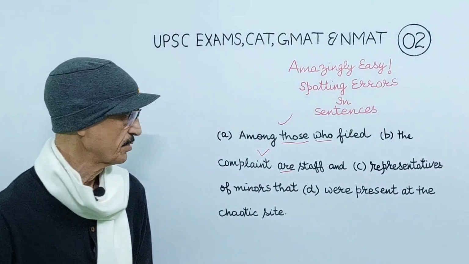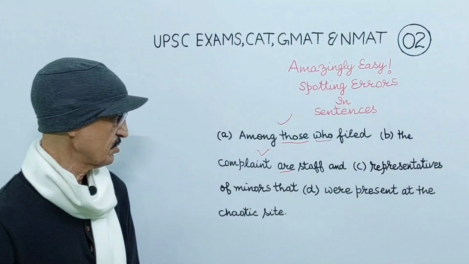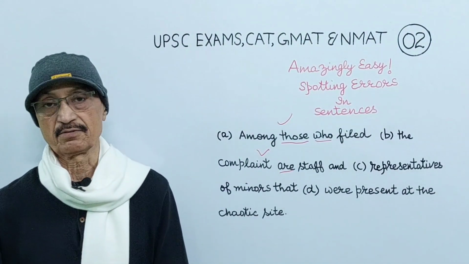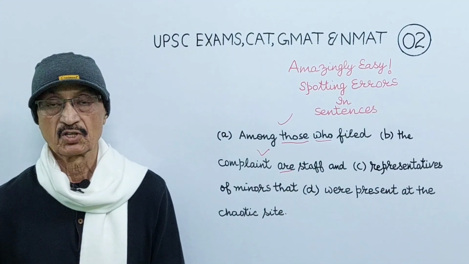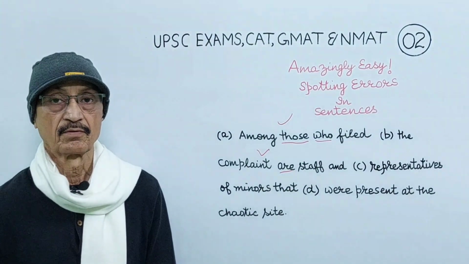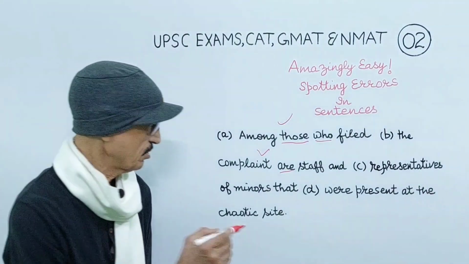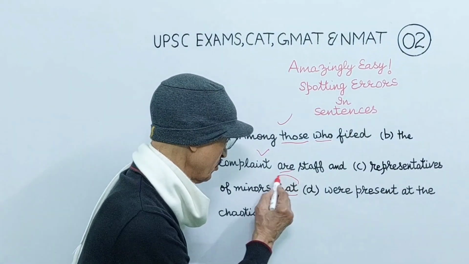Now take part C. Representatives of minors that. There is a mistake here. The mistake is that of a relative pronoun. We should not use that here. This is wrong.